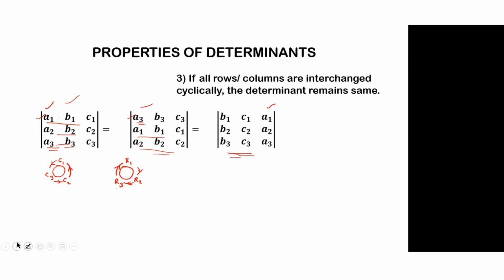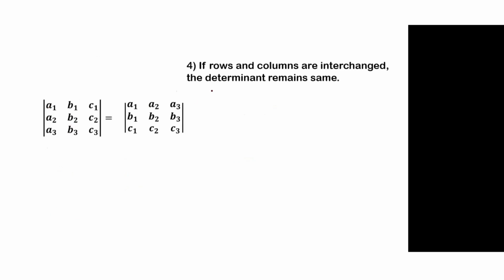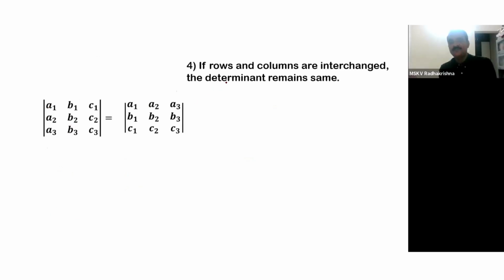Next. If all rows and columns are interchanged, the determinant remains same. That means rows will become columns, columns will become rows.